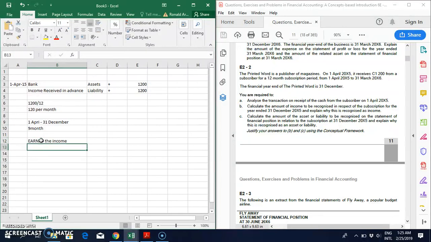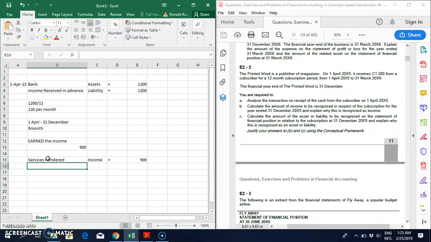Remember, income is recorded when it is earned. So we say 1,200 divided by 12 times 9. That tells you that you've earned income of 900. So we say services rendered is now an income account increasing owner's equity with 900.